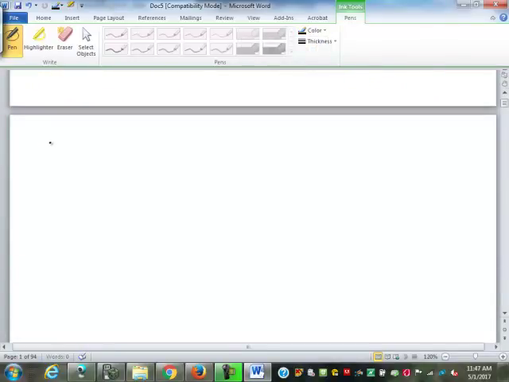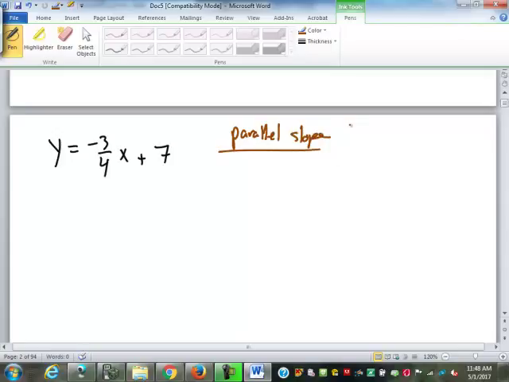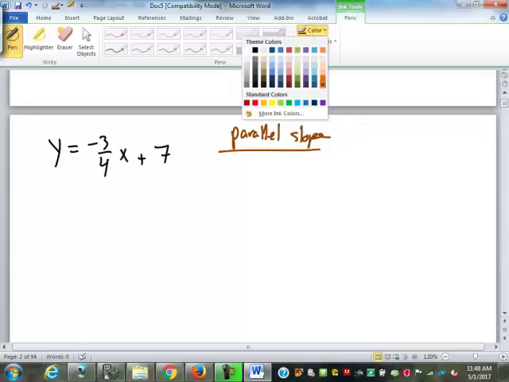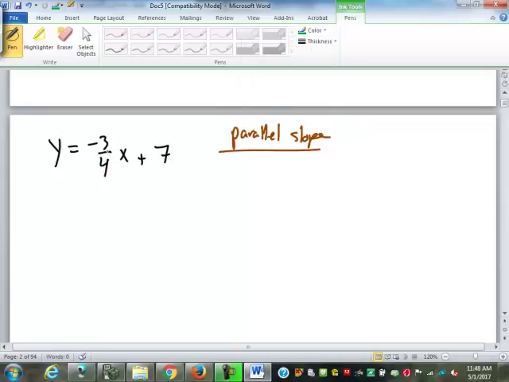So let's take a look at this. If I have an equation, y equals negative 3/4 x plus 7, what is the slope of a line that would be parallel to that? Well, first of all, what's the slope of this line? The slope of this line is the negative 3/4. That's the number that multiplies x.